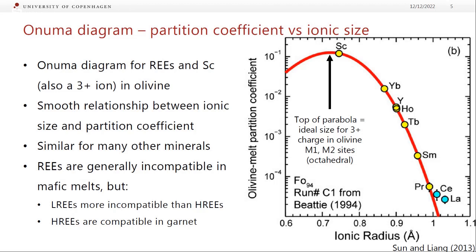What's quite cool with these diagrams is if you plot it up, you can actually see where the ideal size is for this particular site. So this is an olivine melt partition coefficient for all the rare earths, and you can see that the ideal size for a 3+ charged ion in olivine, in I think either the M1 or M2 site, because they're very similar, is about, you could read that off as maybe 0.72, 0.74, something like that.